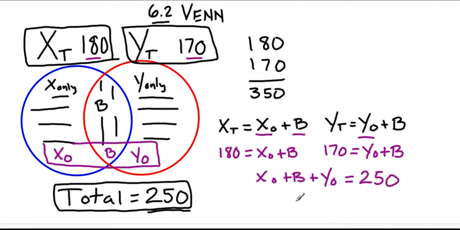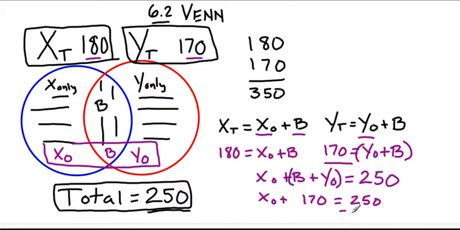Well, what I need to do is substitute my values in. So cats are right here. Look at that. So 170 is my cats. Dogs only plus 170 equals 250.